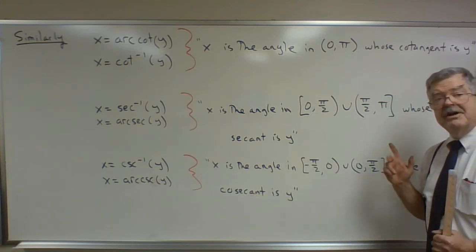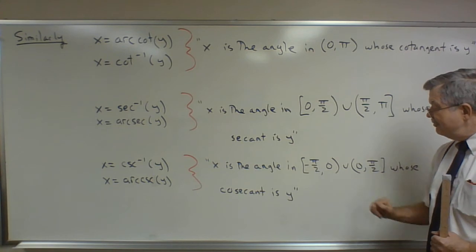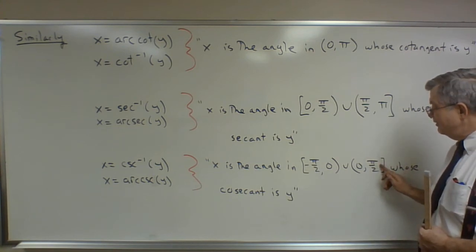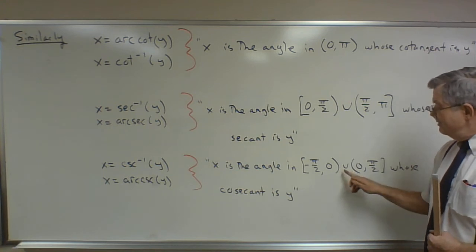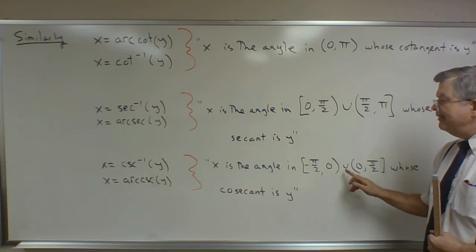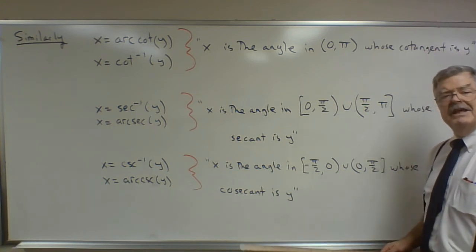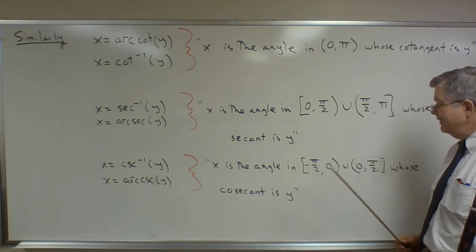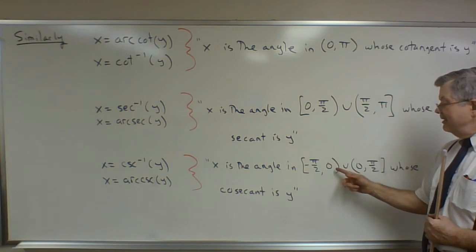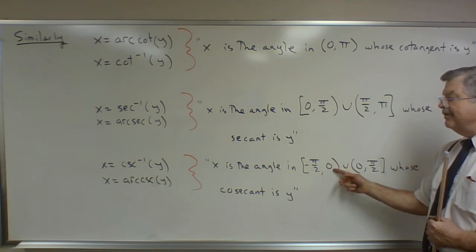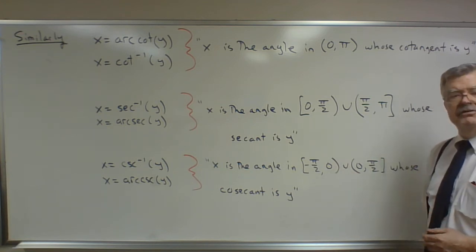And again, I took a closed interval from negative pi over 2 to positive pi over 2 and plucked out the point 0, because if we let x be 0, the cosecant of 0 is undefined. So again, we remove 0 from consideration because when x is 0, cosecant of x is undefined.